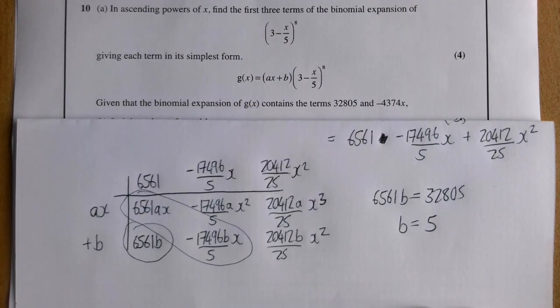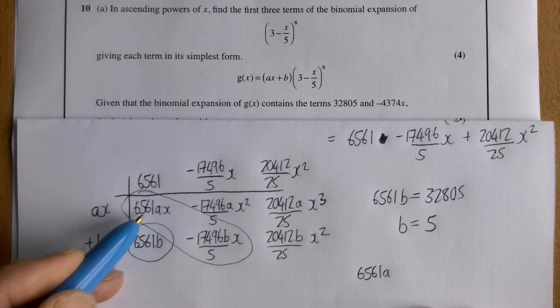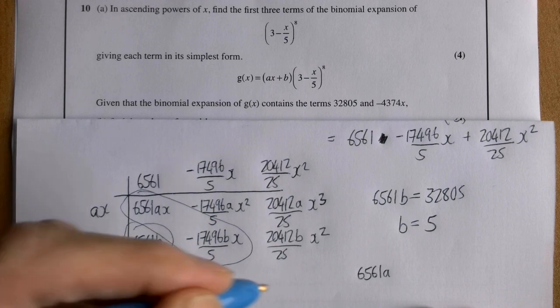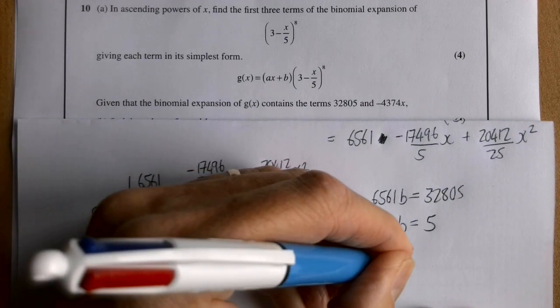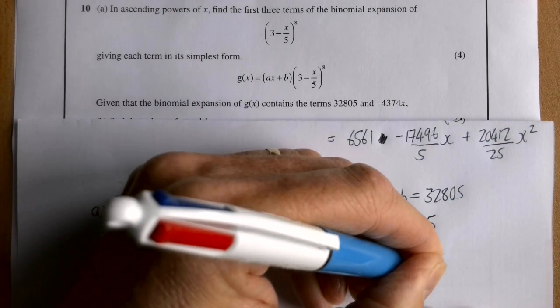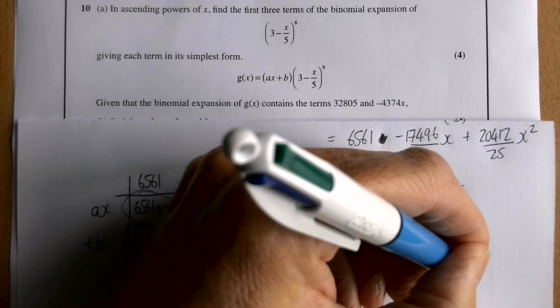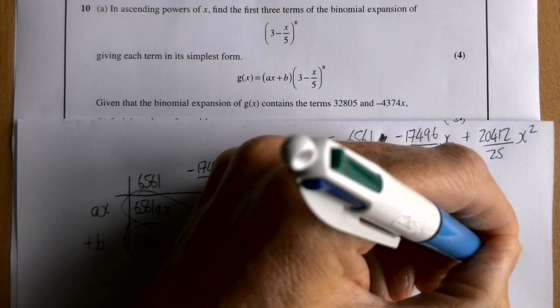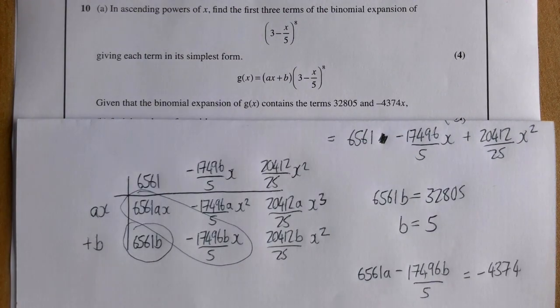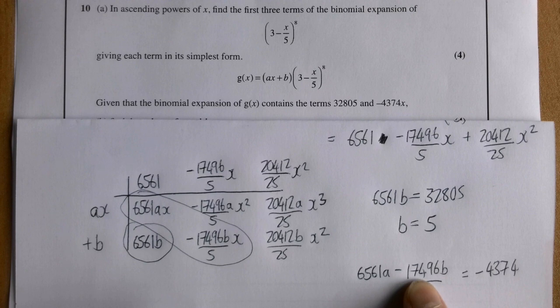So that tells me that 6561a, which is the number of x's here, minus 17496b over 5, that's the number of x's there, has to equal minus 1474. Now, I already know what b is. B is 5, so that's good news here, isn't it? Because if I multiply that by 5 but then divide it by 5, I'm just left with 17496.